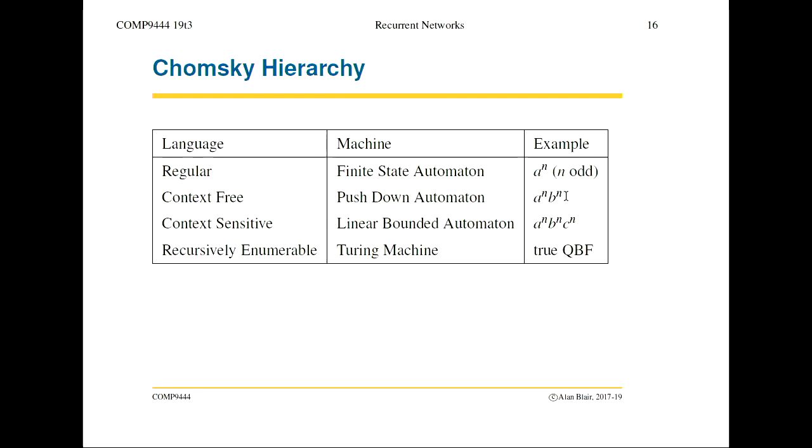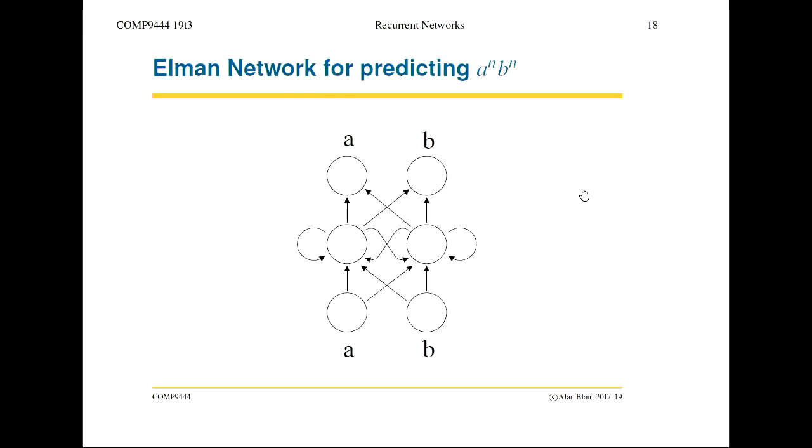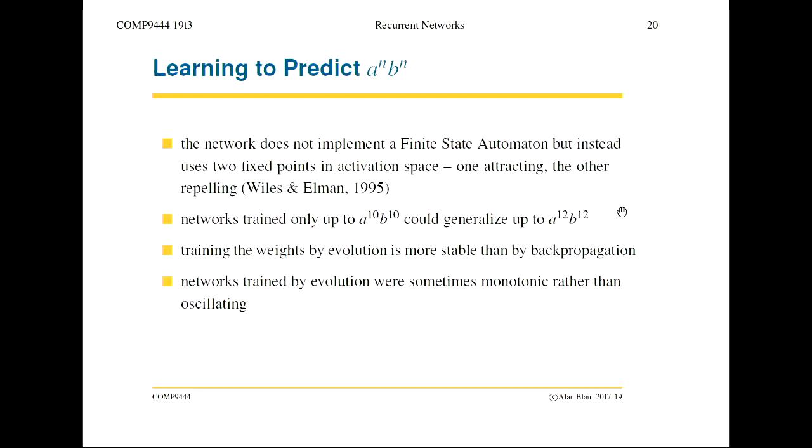There's no finite state machine that will predict this, because effectively you would need a different state for every value of n. So I think what they expected to happen was that it would maybe learn a finite state machine that processes n up to n equals 10 or so.